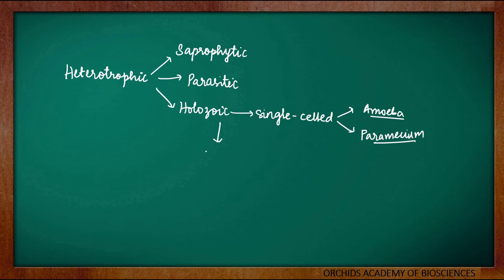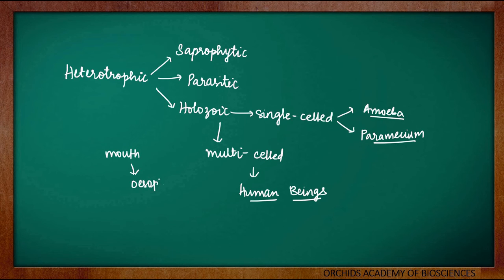Then after single-celled organisms, we also discussed the nutrition in multi-celled organisms, in which we saw the nutrition in human beings. We saw right from the mouth, the part through which the food enters, then the food goes into the esophagus or the food pipe, then the food enters the stomach where pepsin acts on proteins, and the food is made acidic.